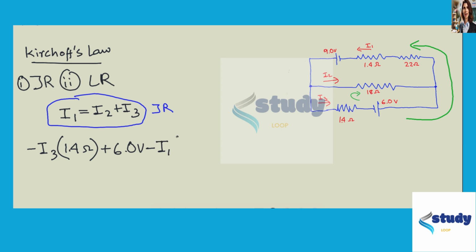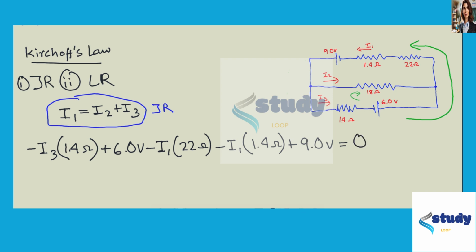So minus I1 times 22 ohms. Then minus I1 times 1.4 ohms. Then it goes from negative to positive again, so it's a positive 9.0 volts, and that's it.